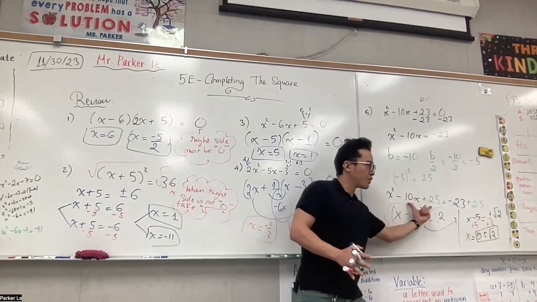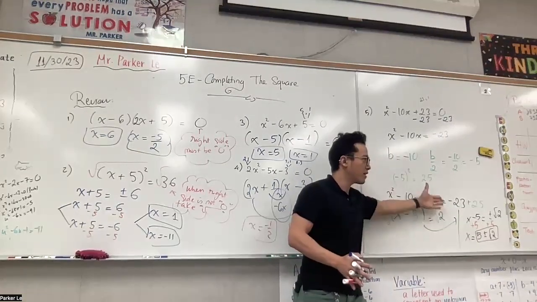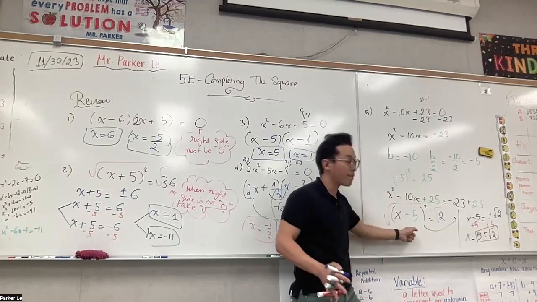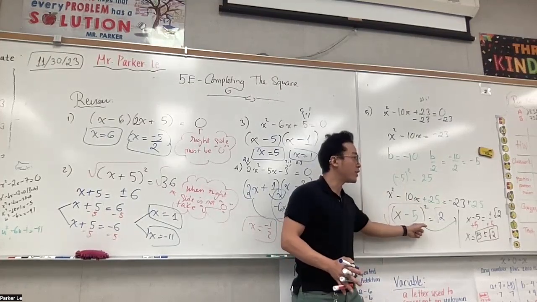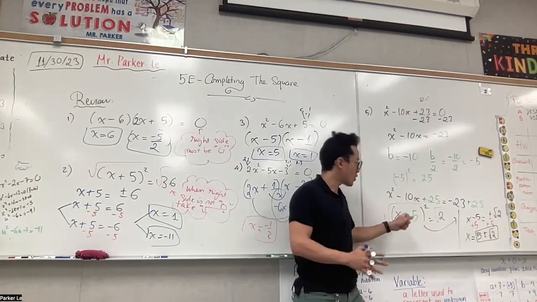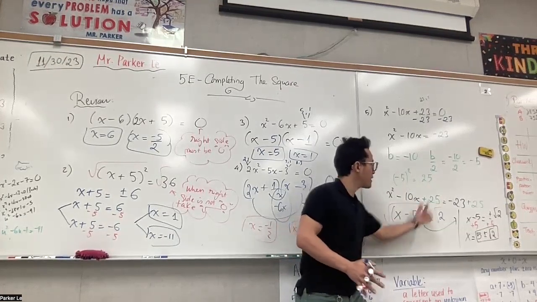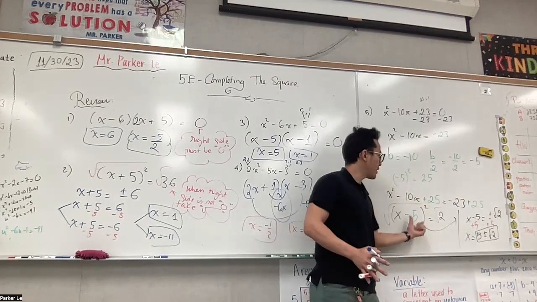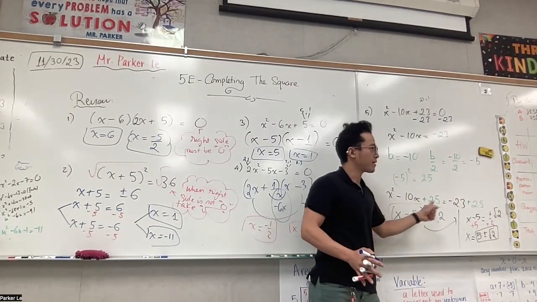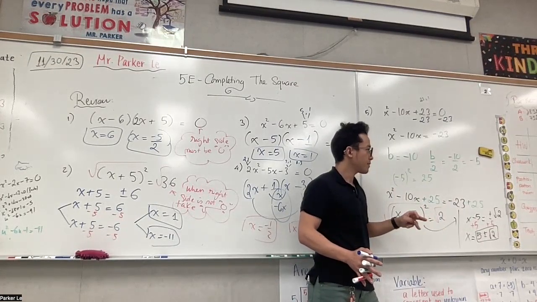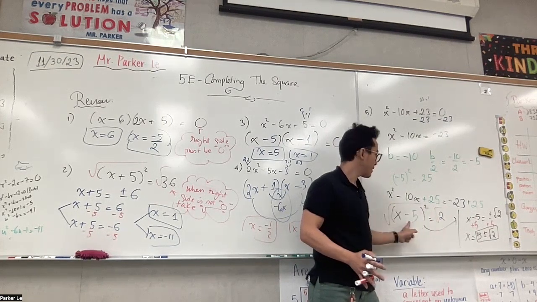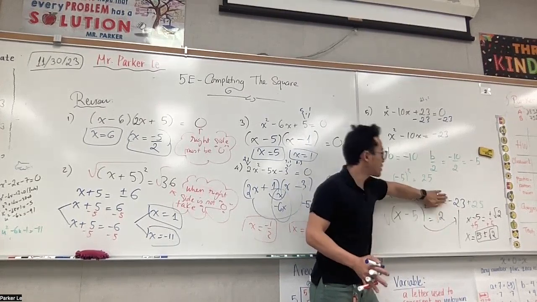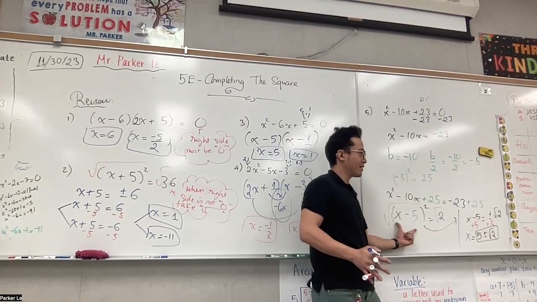But whatever you just did right here, the goal is to make this one: x is always x, and then one number here is the b over 2. Copy this. And then the whole thing is squared. So this whole thing becomes this. Doesn't matter.